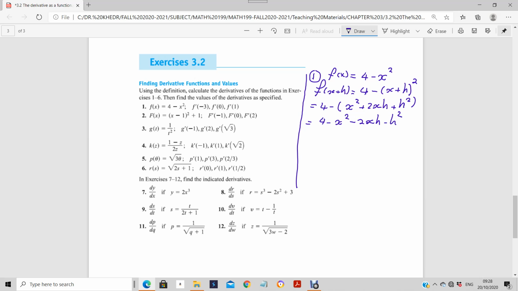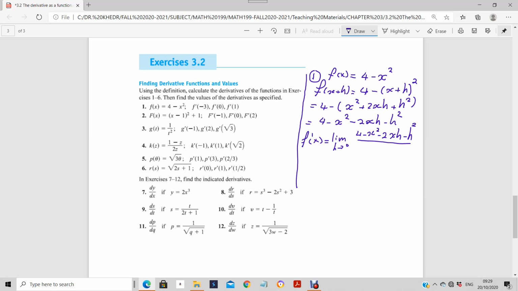Now use the definition. The derivative of the function is defined as the limit as h goes to 0 of f of x plus h, that is 4 minus x squared minus 2xh minus h squared.